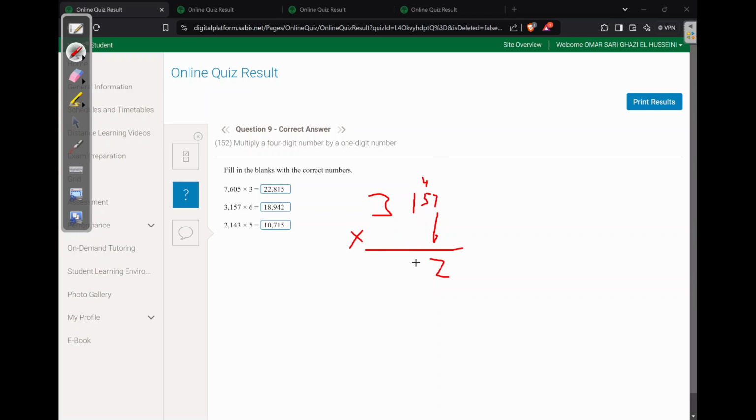We add that 4, 34. 3 up. 6 times 1 equals 6. We add that. Now that is 9. 6 times 3 equals 18. The answer is 18,942.